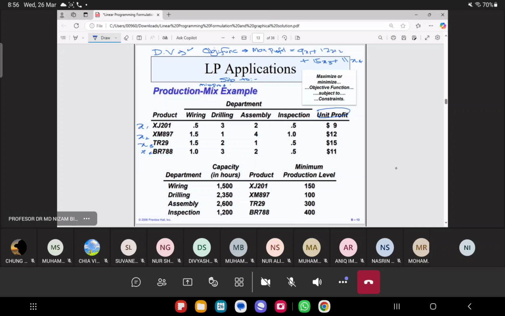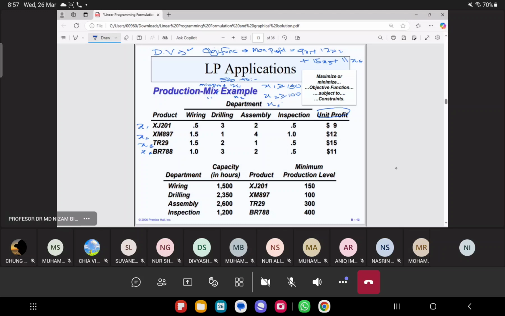I can do that like this. Minimum production for X1. The minimum production level for X1 is what? 150. So X1 must be greater or equal to 150. The second constraint is minimum production for X2, and X2 must be greater or equal to 100.